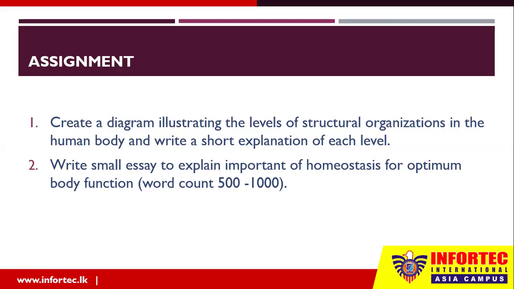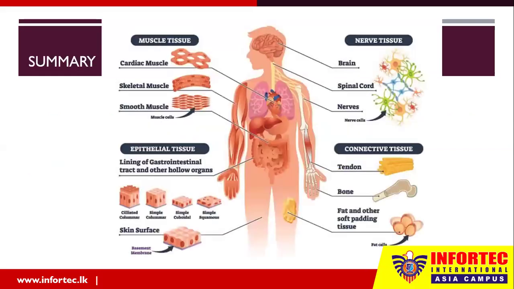So I think it is clear now. Today we had a brief introduction about the basic level that we discussed in the first lecture. It means how our body is organized from basic chemical levels to the organismal level.